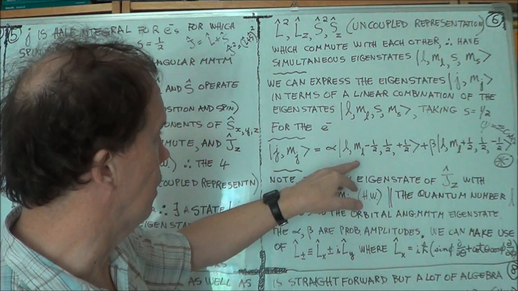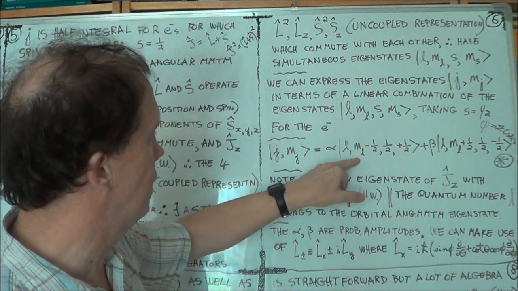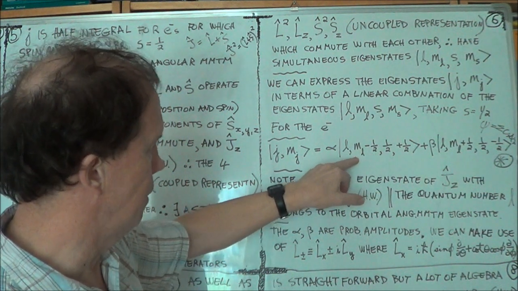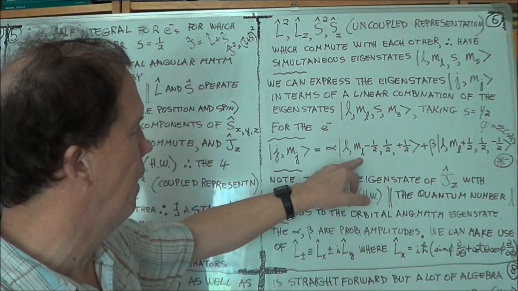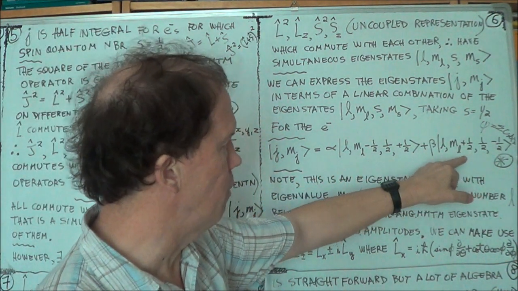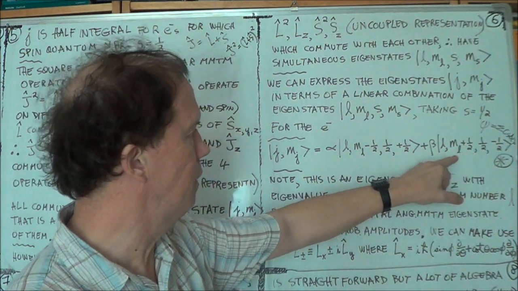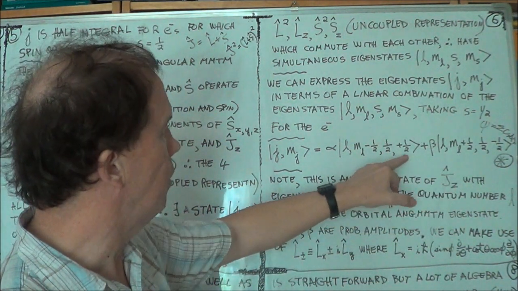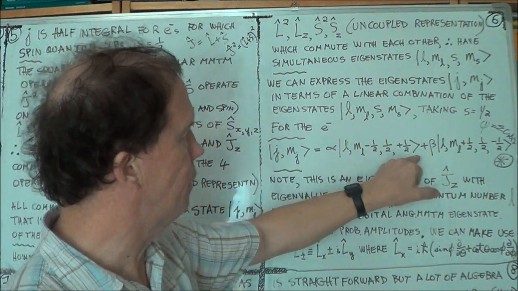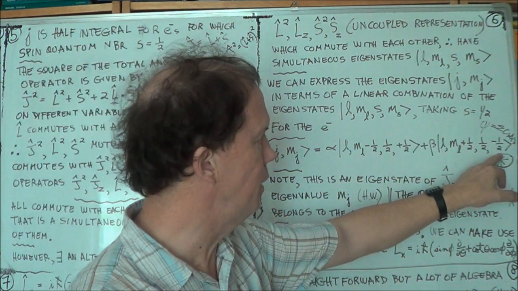Then you apply it. If you apply the Lz to this, you'll get ml minus a half, I assume. And if you apply it to this, you get ml plus a half from here, I assume. And then the Sz will give you a plus half here and a minus half here.